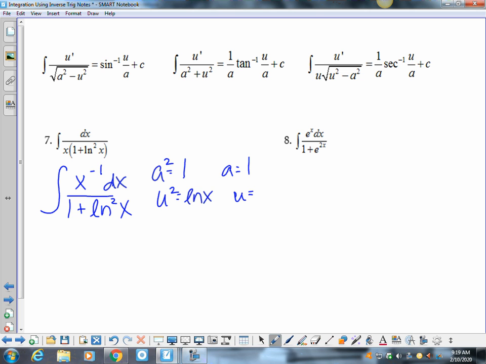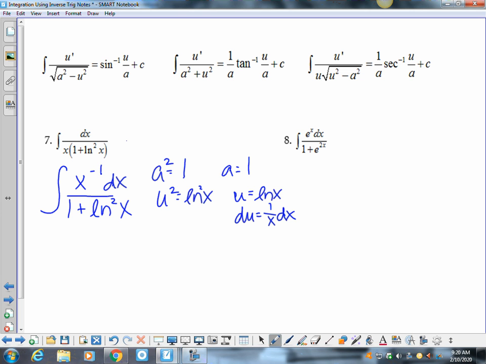It would have to be ln of x squared because there's a square. And then u would be ln x. What is the derivative of ln of x? 1 over x, which is him.